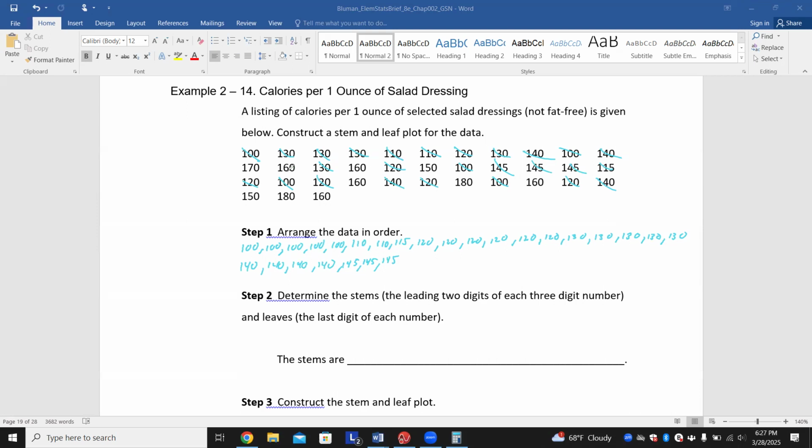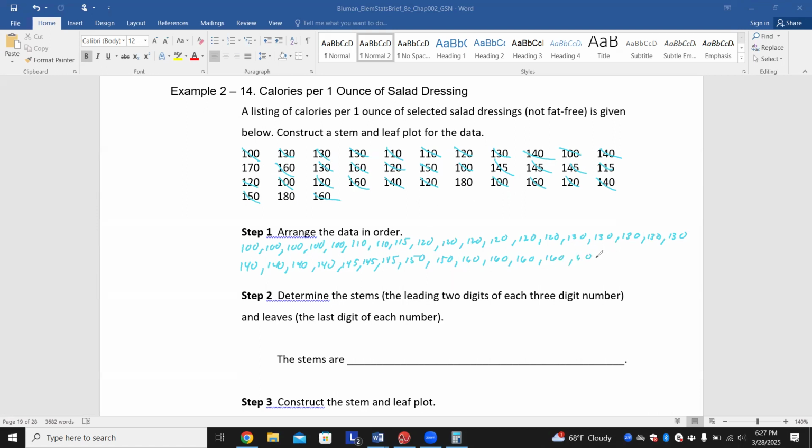So then 150. There's one right there. There it is right there. All right, then 160. There's one here. One here. There's another one right there. Another one. And another one.